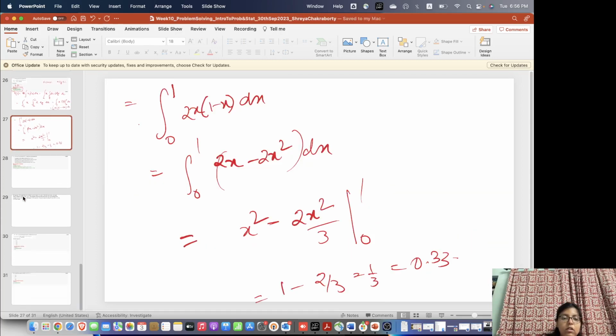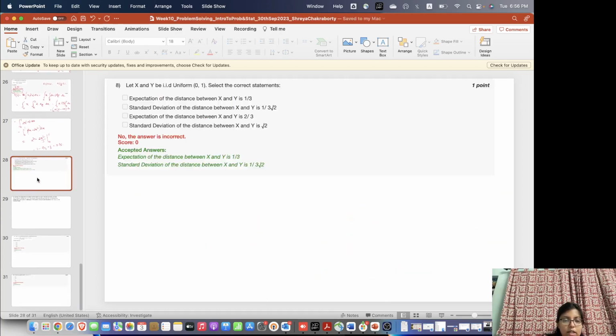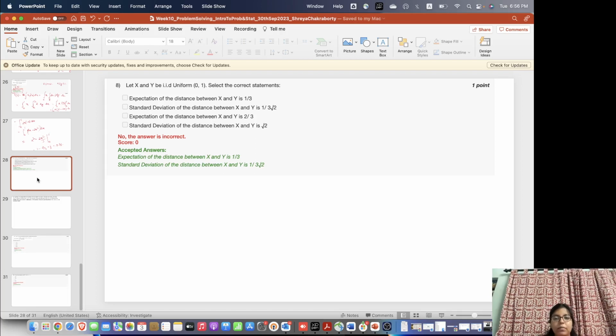Alright, moving on to the next one. Here we have x and y being IID uniform 0 1. Select the correct statements. Expectation of the distance between x and y is 1 by 3.